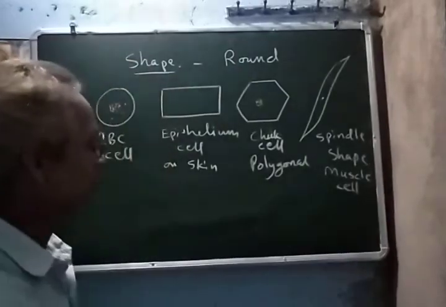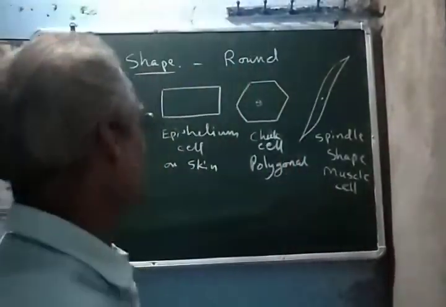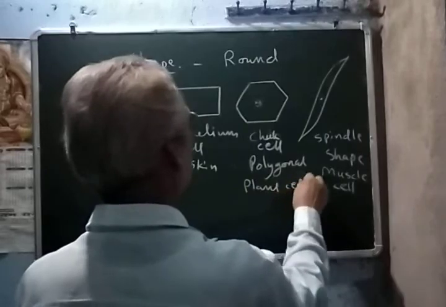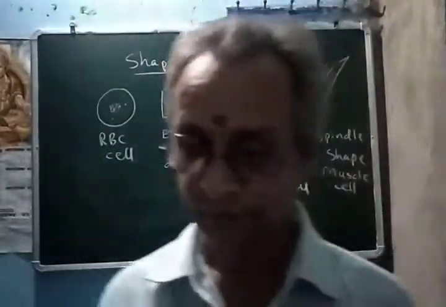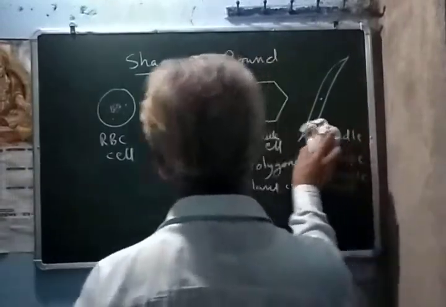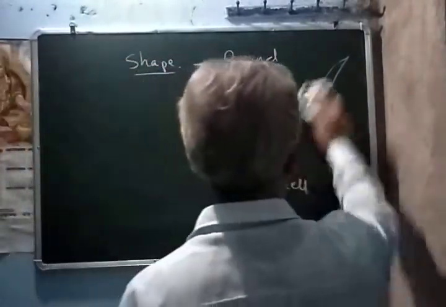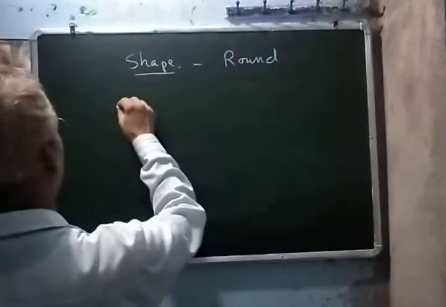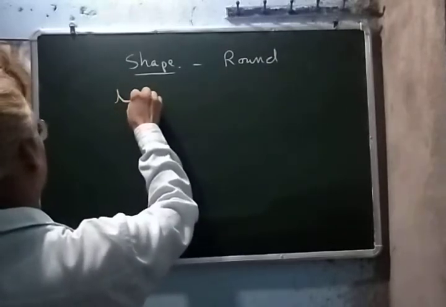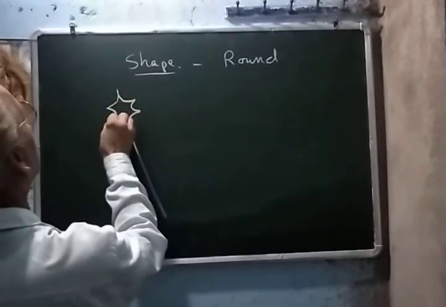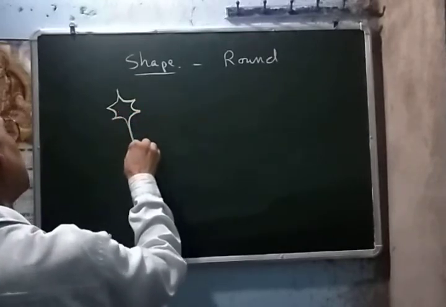Epithelium cell is found on skin, and polygonal cells are found in plant cell or cheek cell, and some cells are of a special type such as nerve cells, which are of a special shape.